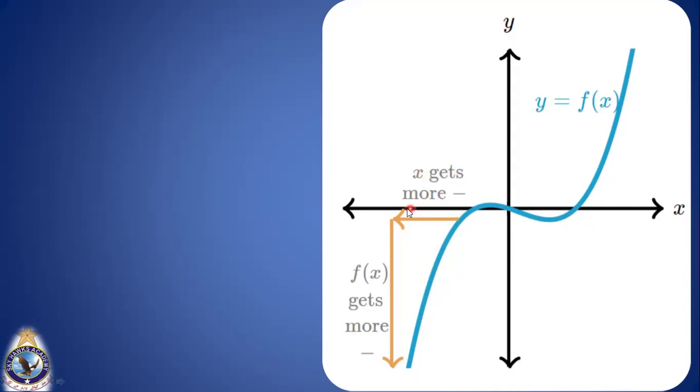It's moving to the left of 0, so it becomes negative values, going along the negative x-axis. So if you put the values into the equation of this graph, you will find that at every instant when you are moving left, the graph is also coming down. So the graph is coming in this way, and f(x) gets more negative.